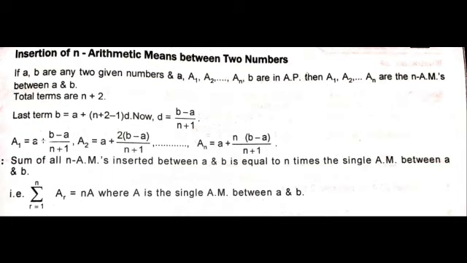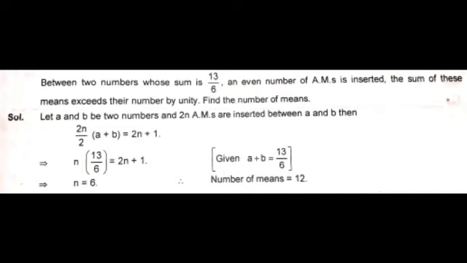It is very important to note here that the sum of all n arithmetic means inserted between A and B is equal to n times the single arithmetic mean between A and B. That can also be written in symbolic form as the sum from r equal to 1 till r equal to n of A_r is equal to n into capital A, where capital A is the single arithmetic mean between A and B. To make this point more clear, I have considered one example for you here.